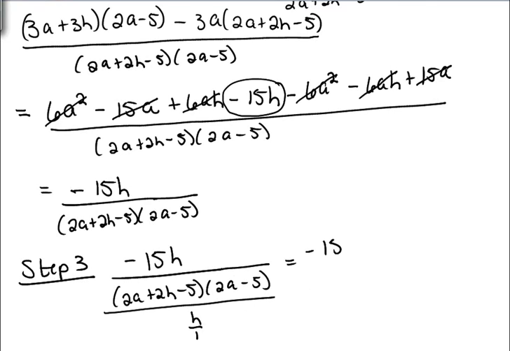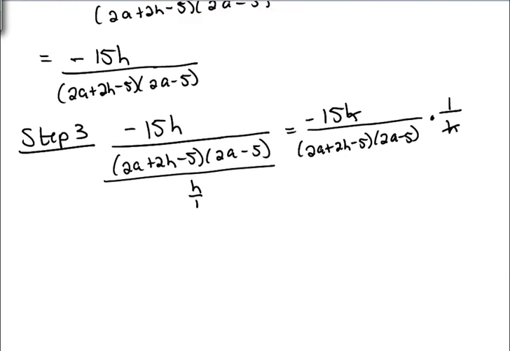So negative 15h over 2a plus 2h minus 5 times 2a minus 5, and we're going to multiply by this, but flip it upside down, so that's going to be 1 over h, and then these h's cancel. And our final answer on this one is negative 15 over 2a plus 2h minus 5 times 2a minus 5.